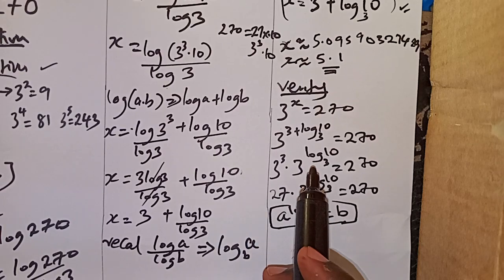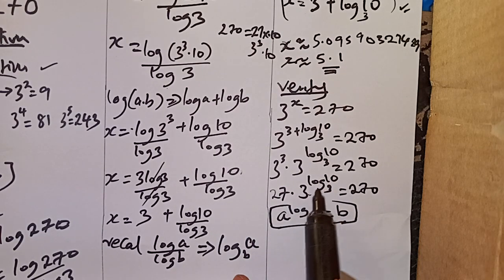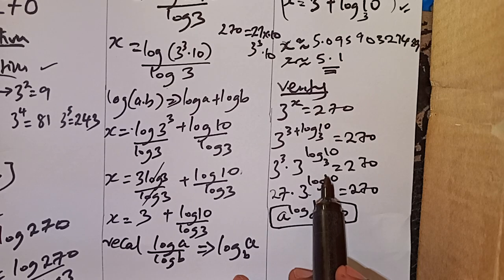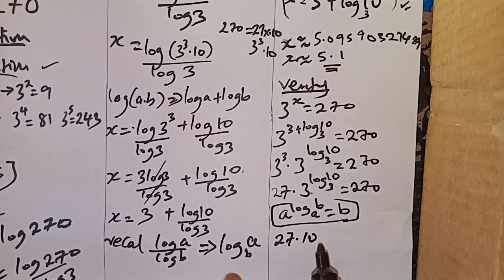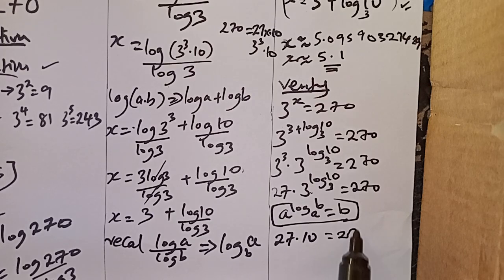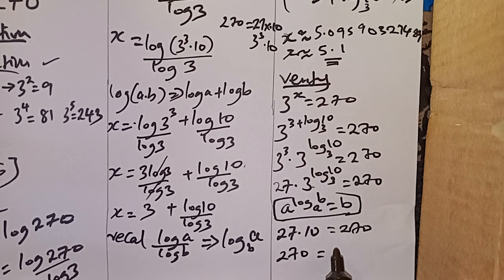Applying this here, this is 3 and this is 3, so this changes to 10. So 27 multiplied by 10, I'm going to get 270. And of course 27 times 10 gives 270, which equals 270 on the other side.